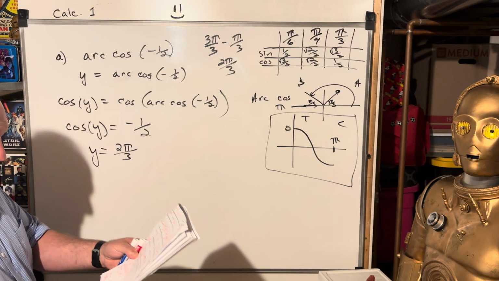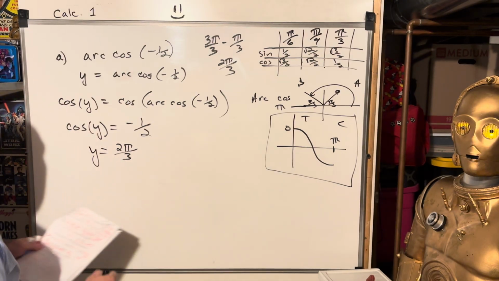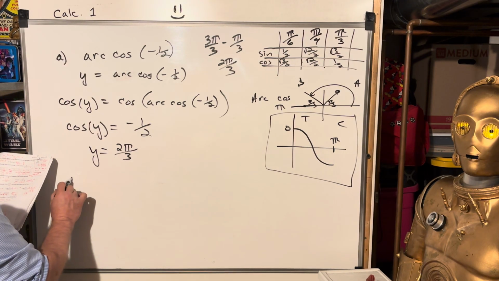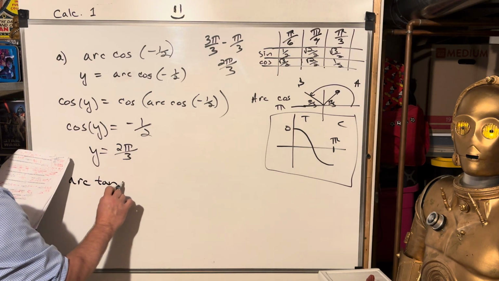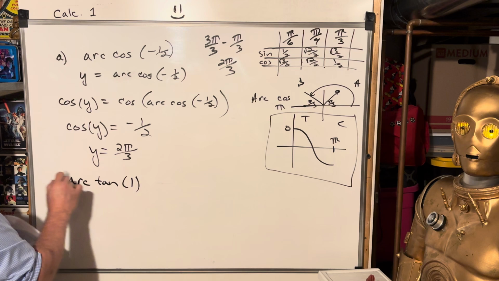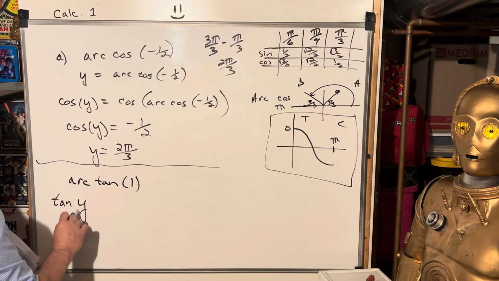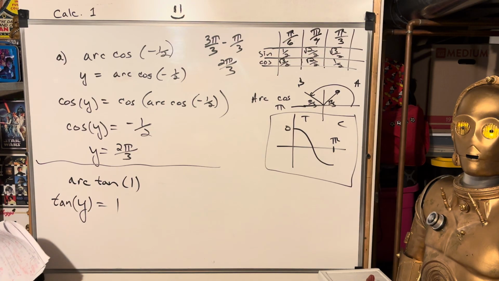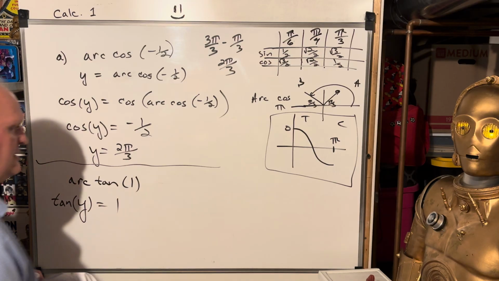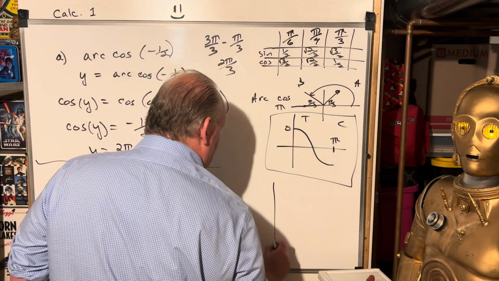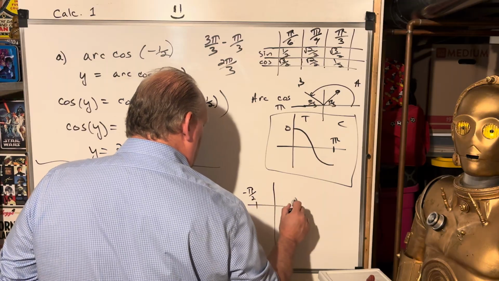Lovely dovely. Then the next one is the arc tangent of 1. When is the arc tangent 1? So again, instead of jumping through all these hoops, we're just going to say y, the tangent of y is equal to 1. So when is that equal to 1? Again, the principal values for sine are negative 90 to 90, or negative pi over 2 to pi over 2.